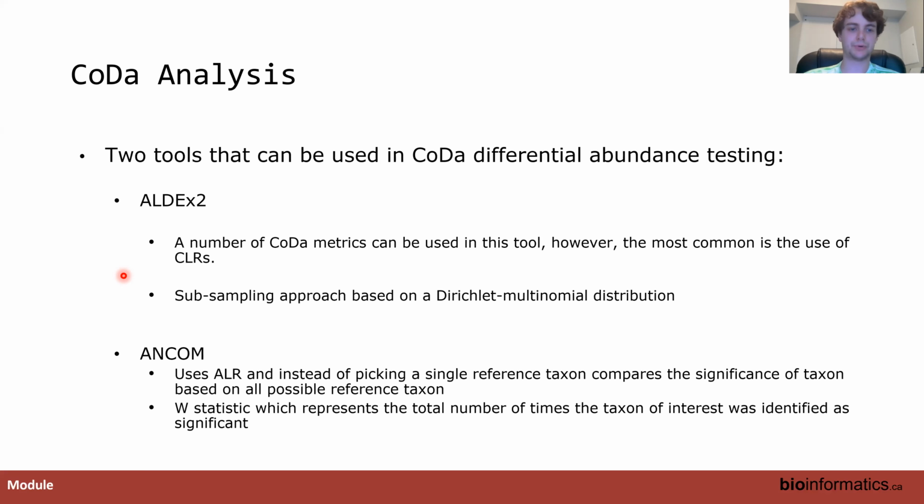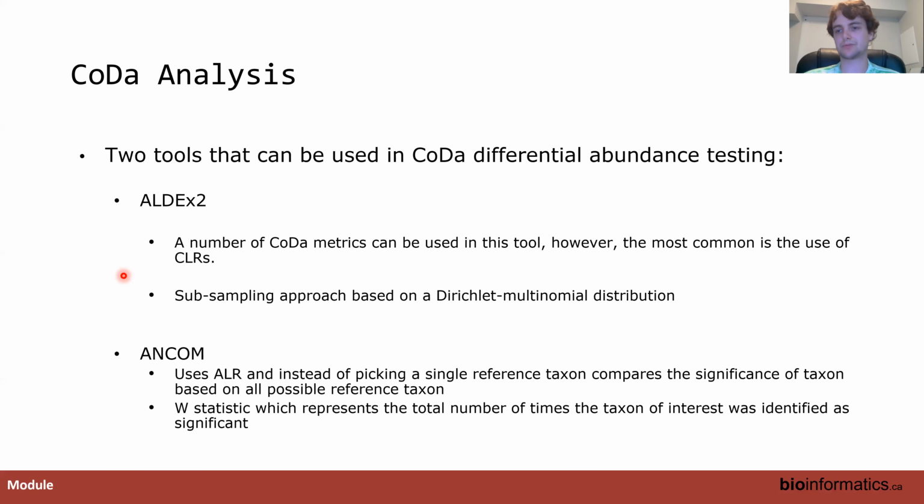A second tool that we'll actually be using during the 16S tutorial is ANCOM. And ANCOM uses additive log ratios, but instead of picking a single reference taxon, it actually chooses every single taxon to be used as a reference taxon. I.e., it takes say Akkermansia as the reference taxon, and then compares the abundance of every taxa based on that.